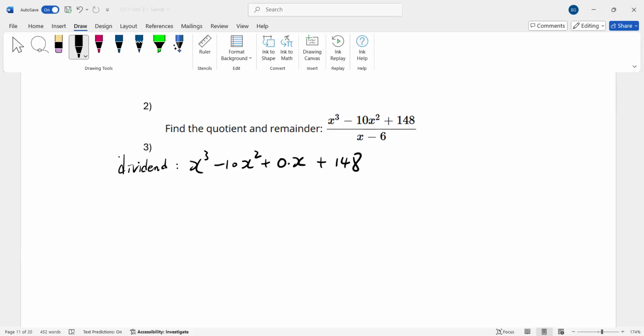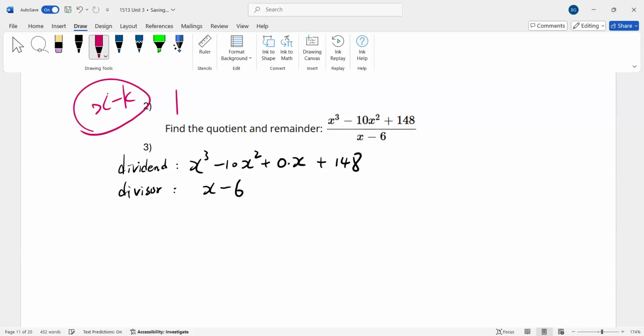So that's the dividend. Divisor, x minus 6. It's in the format x minus k, right? So our k is 6. Let's do the synthetic method. Coefficient of x cubed is 1. Coefficient of x squared is negative 10.